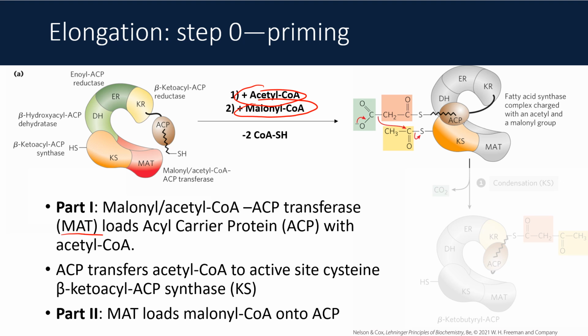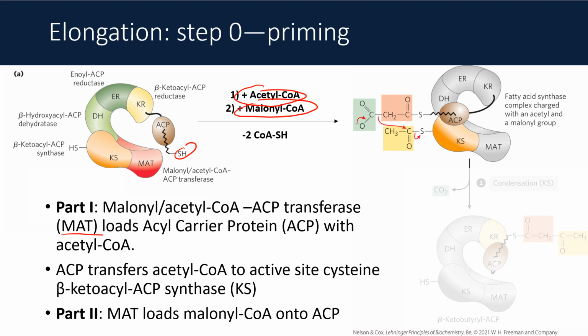The job of this enzyme is to load stuff onto ACP, acyl carrier protein. So let's begin with the acetyl-CoA primer. We are going to have MAT grab the acetyl-CoA and prompt it to form a thioester bond onto ACP, specifically the 4-phosphopantetheine coenzyme.